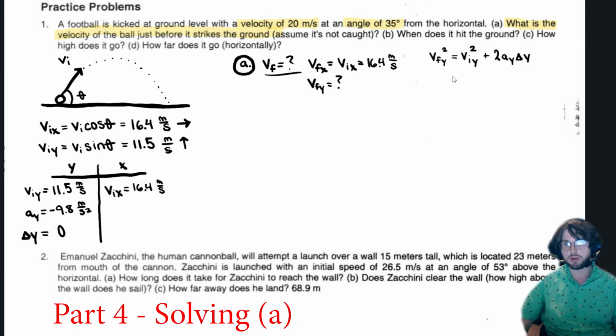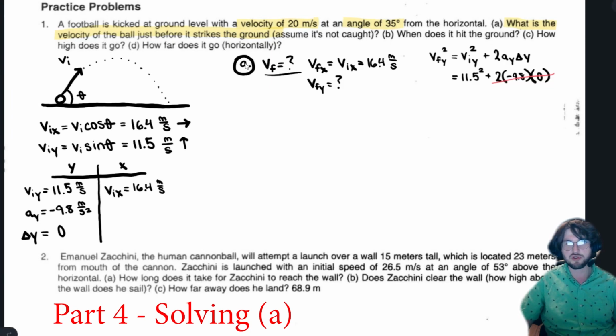And if we go ahead and plug everything in here, we've got 11.5 squared plus 2 times negative 9.8 times 0. Which is good for us, because that means this 0 just knocks everything out entirely in that term.